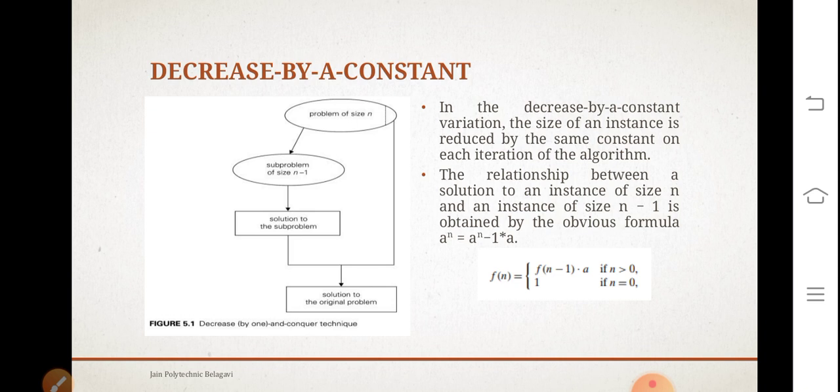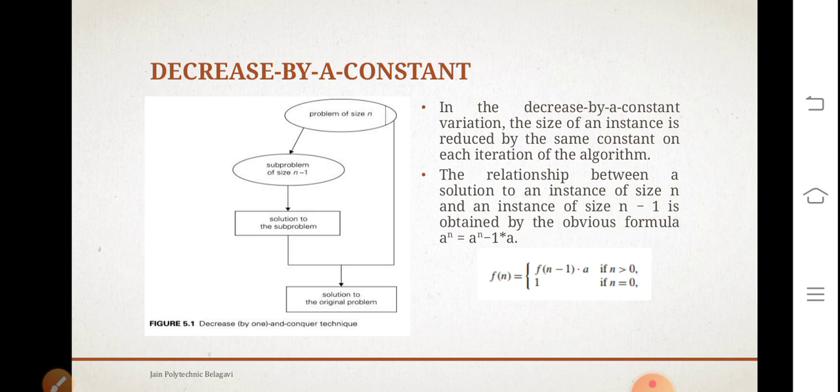We have a problem of size n and we are decreasing that problem by 1, that is a subproblem of size n minus 1. Then a solution to the subproblem, then a solution to the original problem. This is the way we are decreasing by a constant value, that is decrease by 1, in the decrease and conquer technique.